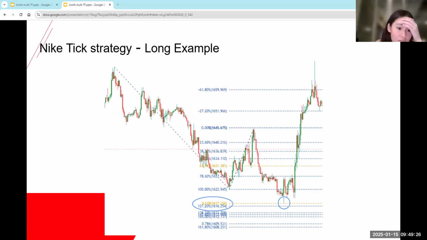Okay, so I have a question in the chat. Is Ichimoku the same as moving average to measure trends? So you're right in that they both measure trends, but they do so in fundamentally different ways. Ichimoku offers more comprehensive market analysis because there's more components to it.